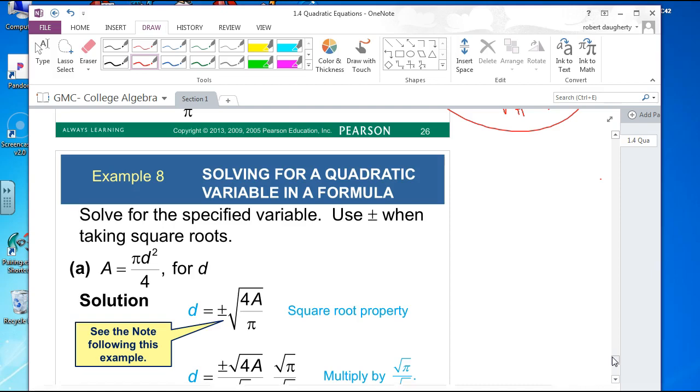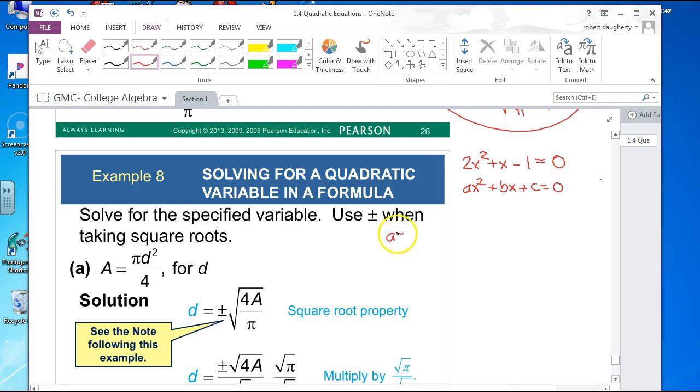Let's just do another example as we end up here. Let's say 2x squared plus x minus 1 equals 0. So to use the quadratic formula, that is ax squared plus bx plus c equals 0.